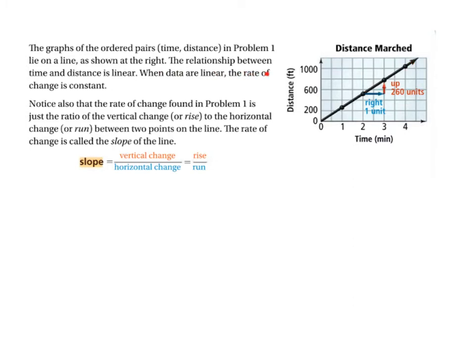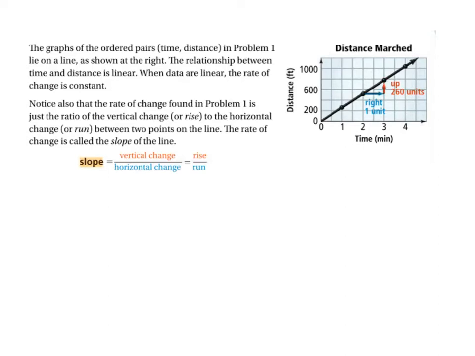When data are linear, the rate of change is constant, meaning for every 1 minute, they go 260 feet. Same number, right? Now notice that the rate of change found in problem 1 is just the ratio of the vertical rise, up 260, to the horizontal run, 1, between any 2 points. So the rate of change is called the slope of the line.